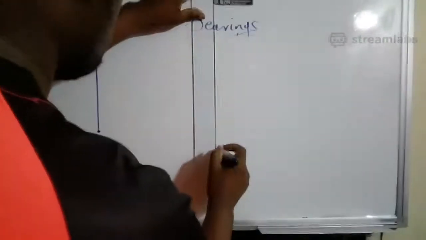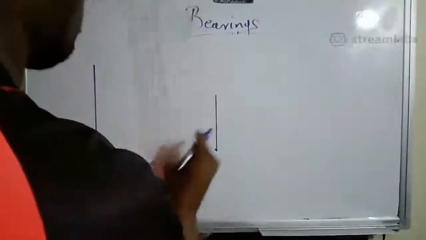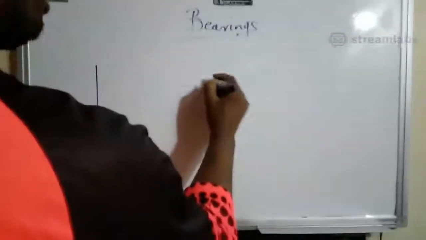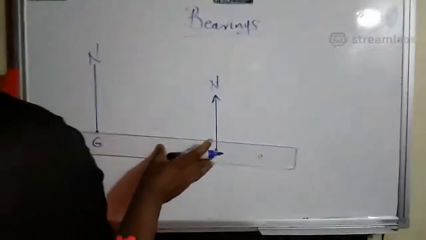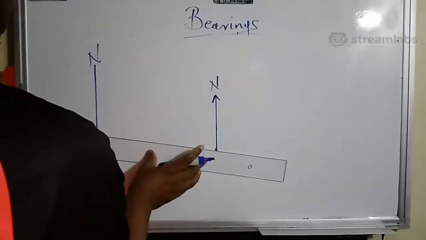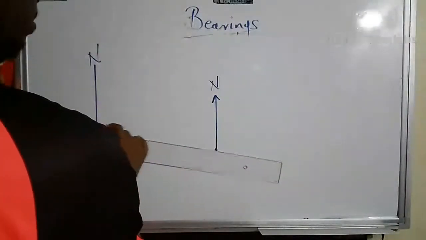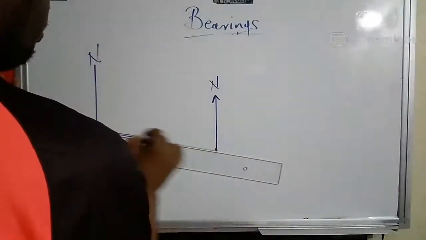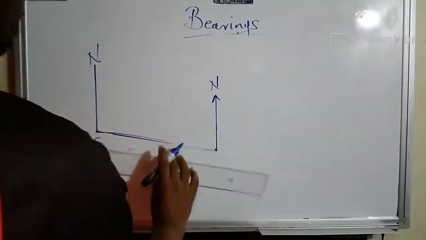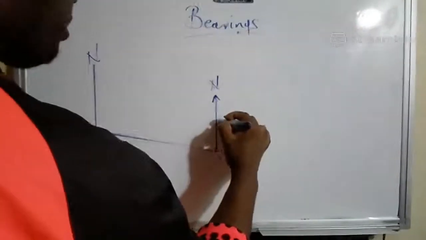Remember, it's not drawn to scale. I just draw my north line because it's always from the north line. This time I'm going to give you this bearing right here.